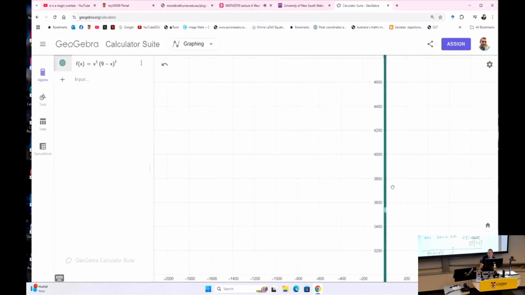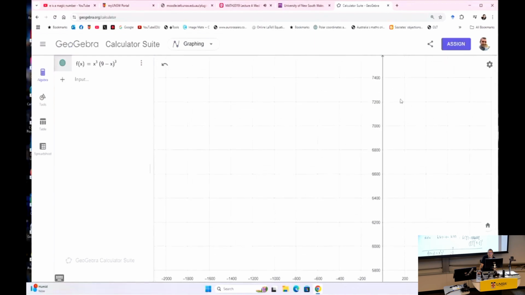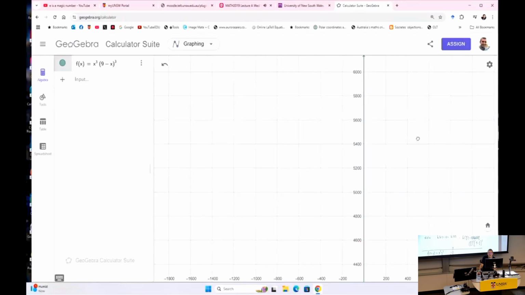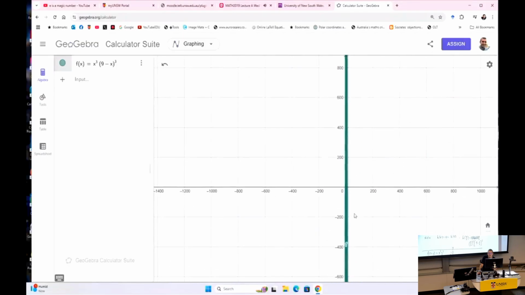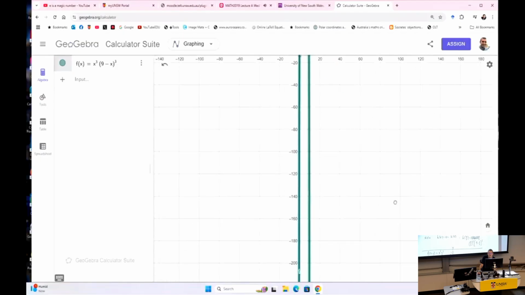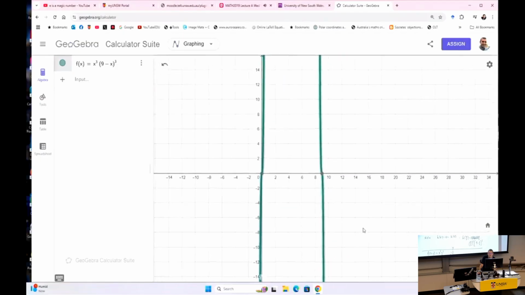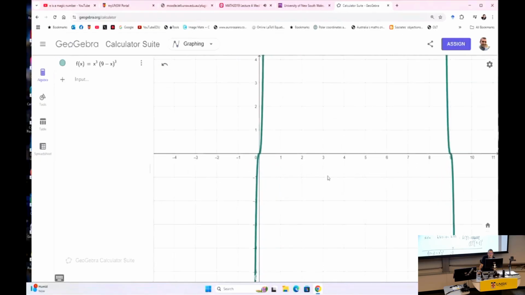So it's got this massive spike that goes all the way up there and comes down, so there's a bit of symmetry. If you zoom in, there is a line of symmetry, but what's happening at these points? Are they minimums? Yeah, exactly. So you just got to be careful.